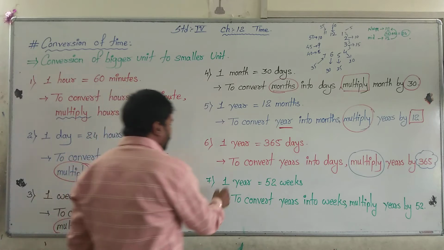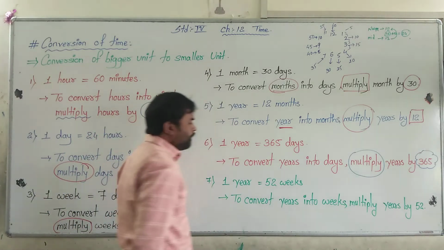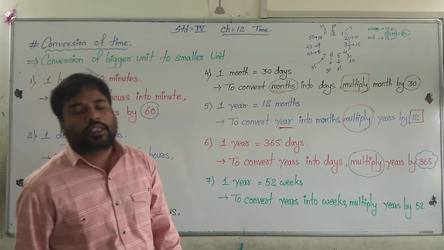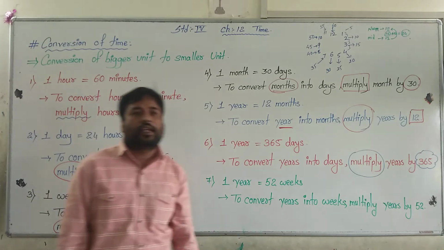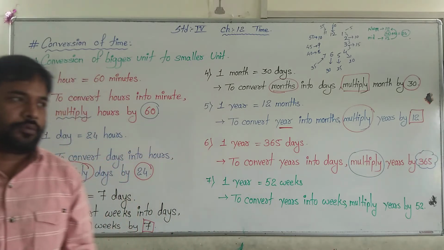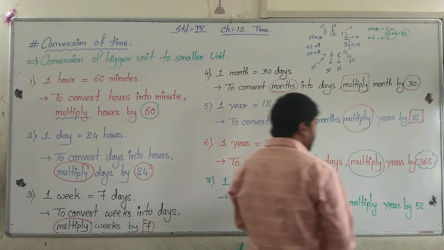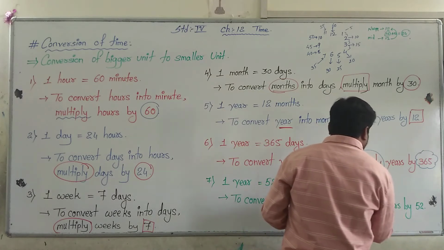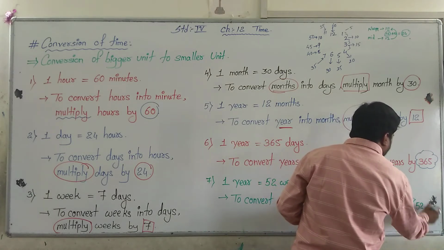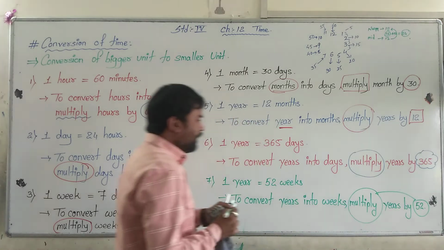And 1 year is most probably 52 weeks. How many weeks are there in 1 year? 52 weeks. Right? And to convert years into weeks, multiply years by 52.